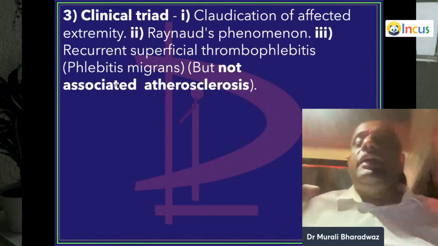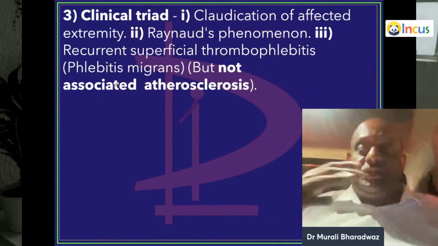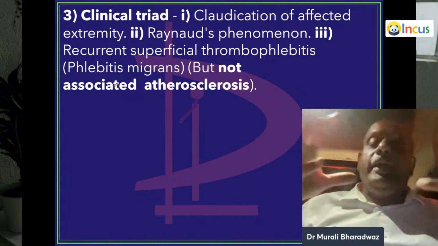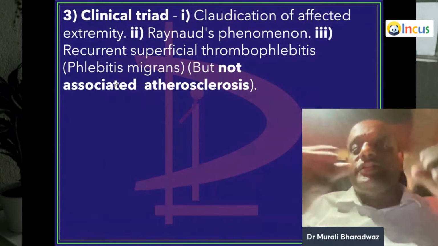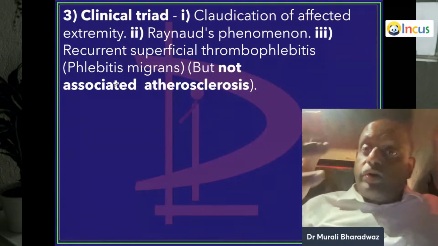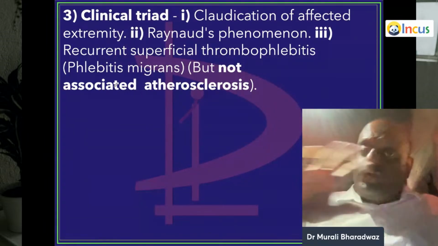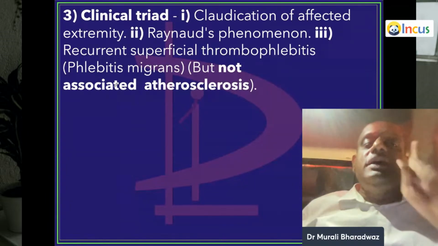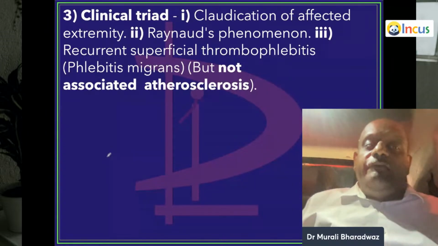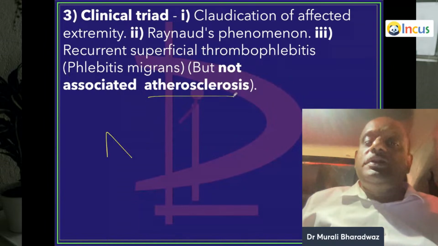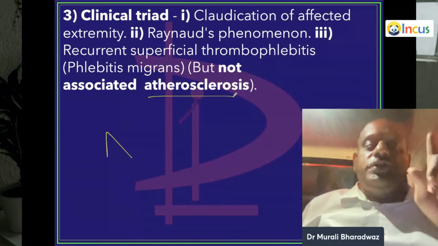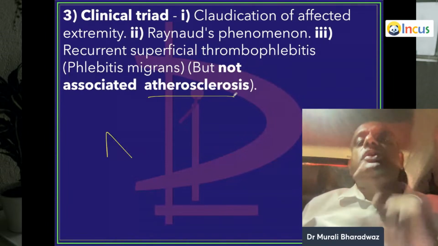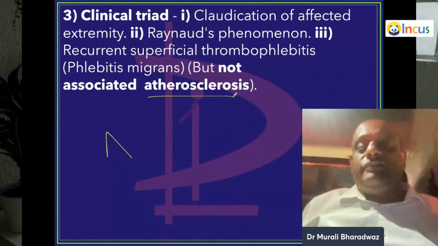So now what is the clinical triad of Buerger's disease? There is pain on exercise, claudication of the upper affected extremity, Raynaud's phenomena, recurrent superficial thrombophlebitis. But a very important thing, if it is atherosclerosis, then it is not Buerger. Buerger is non-atherosclerotic occlusion.